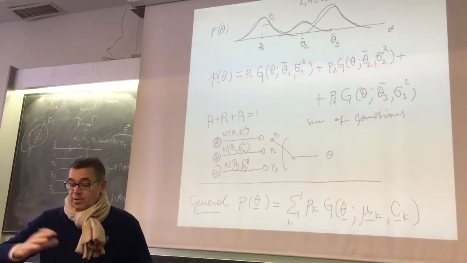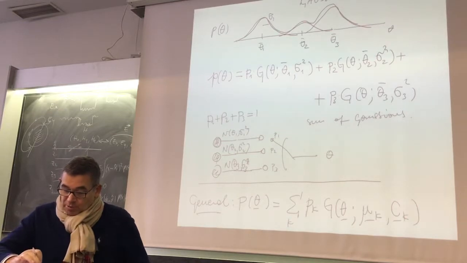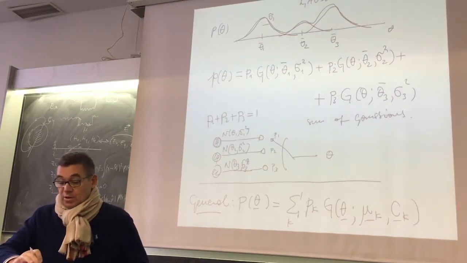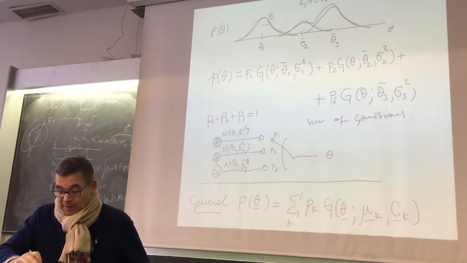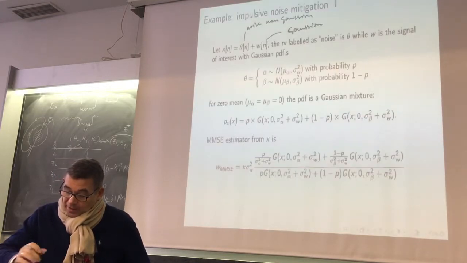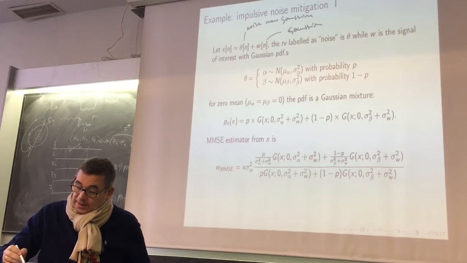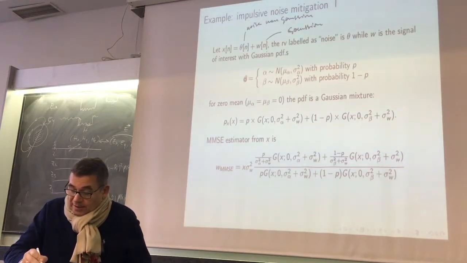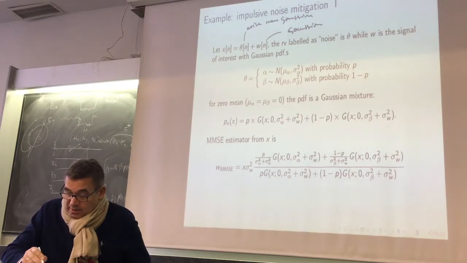Okay. So now going back to the point. I made a detour on the Gaussian mixture. So if I go back here, Middleton started to describe that theta. Remember, theta is the so-called noise.